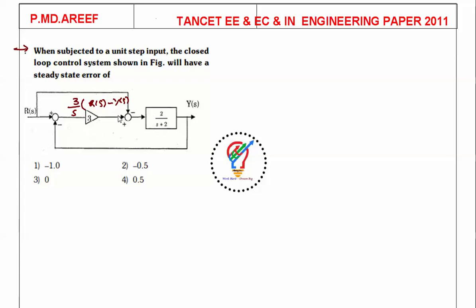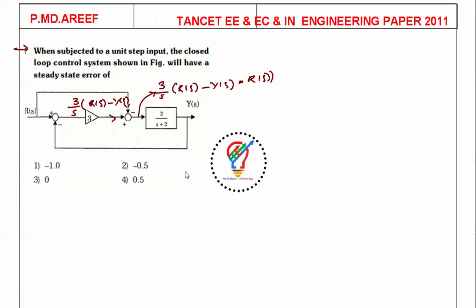Now this signal is again added together. So what is the total signal here? It is nothing but 3 by s into R(s) minus Y(s), and again here it is minus R(s). This signal is multiplied by the transfer function 2 by (s plus 2).